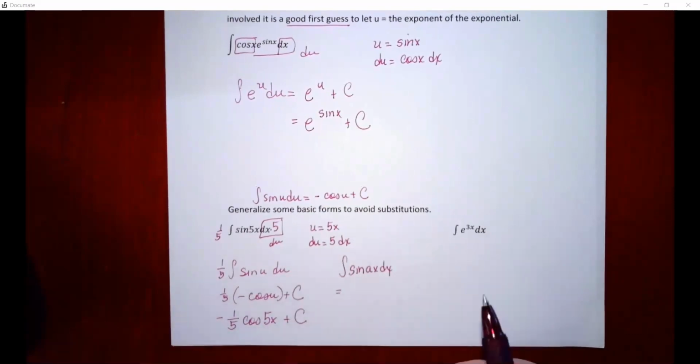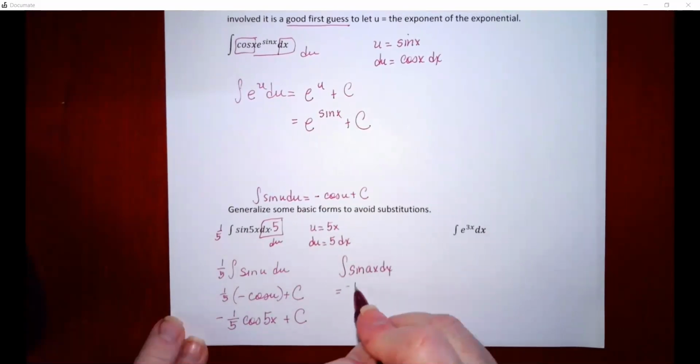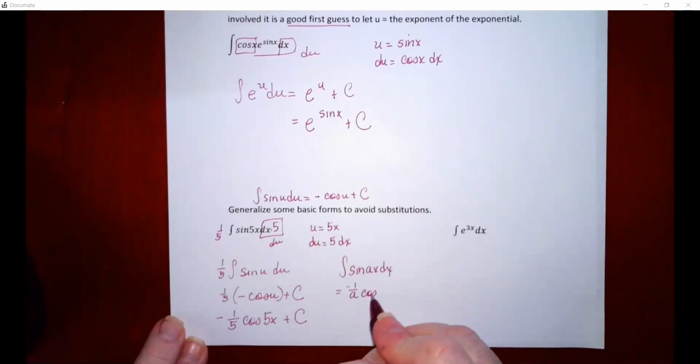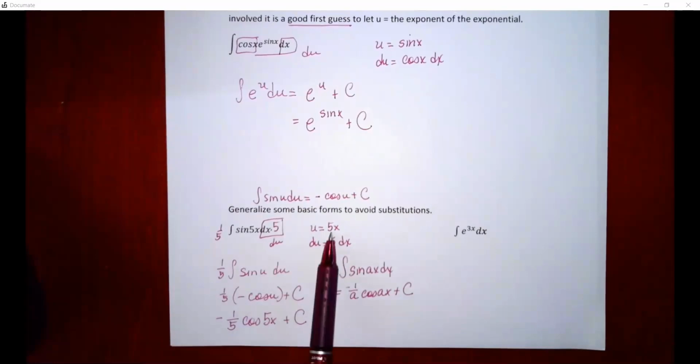You'll get there, but it will always just be negative 1 over a cosine of ax plus c. Because if I just replace that 5 with an a and did the same problem, that's what we would get.